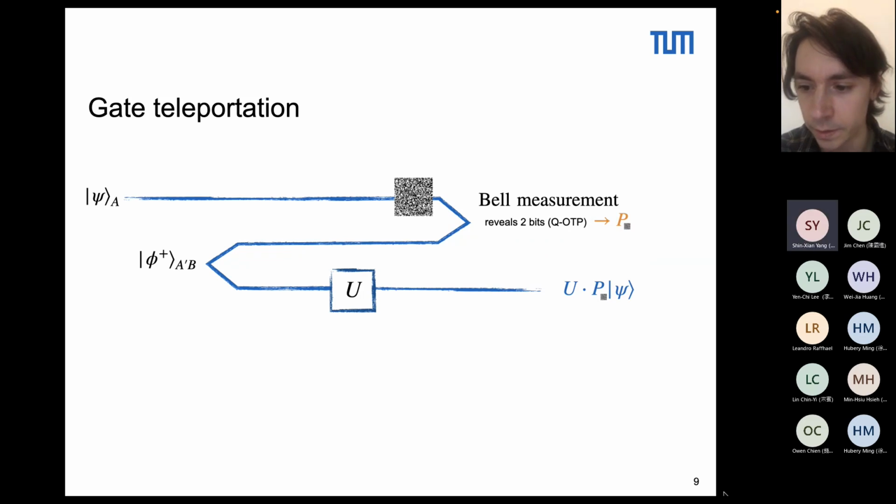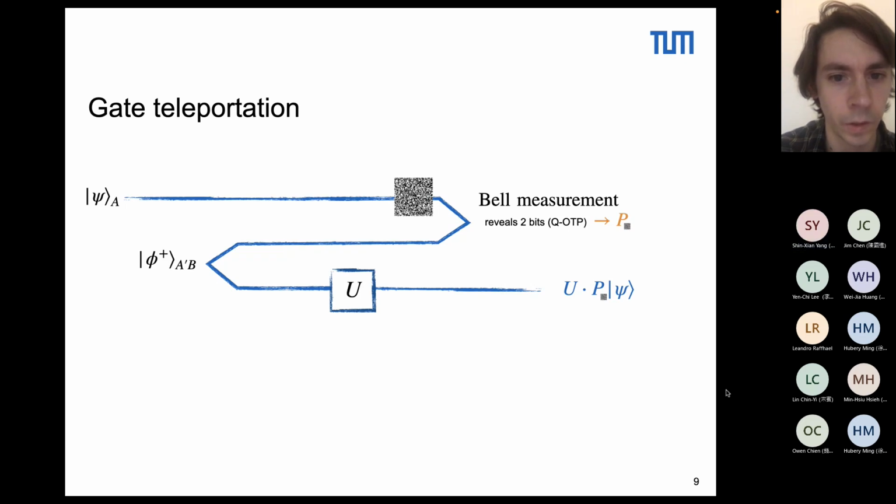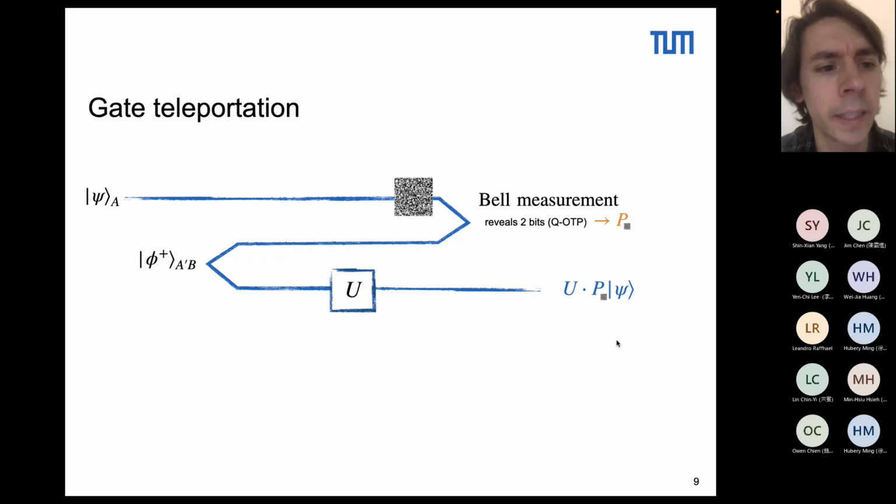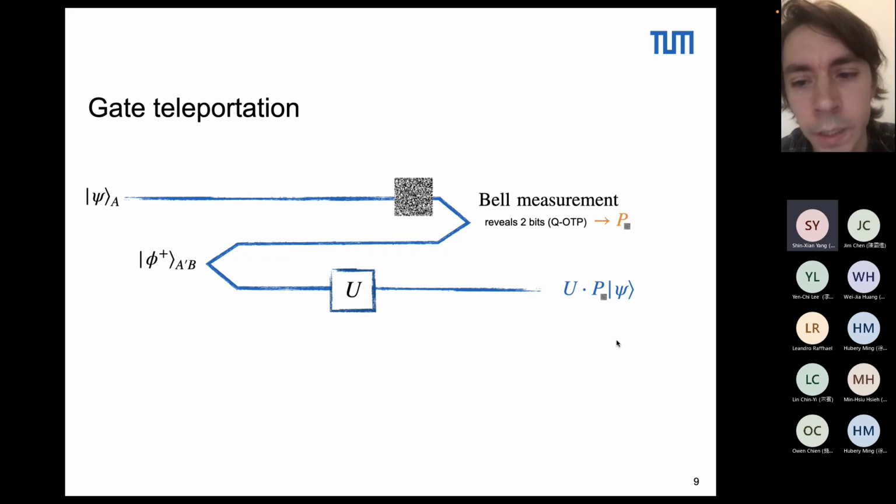Yes. So here the state psi that Alice wants to teleport to Bob is known, but it goes through a noisy channel, so it becomes unknown, or is that true? Well, the state teleported by Alice is arbitrary, so it can even be unknown to every party. Okay.